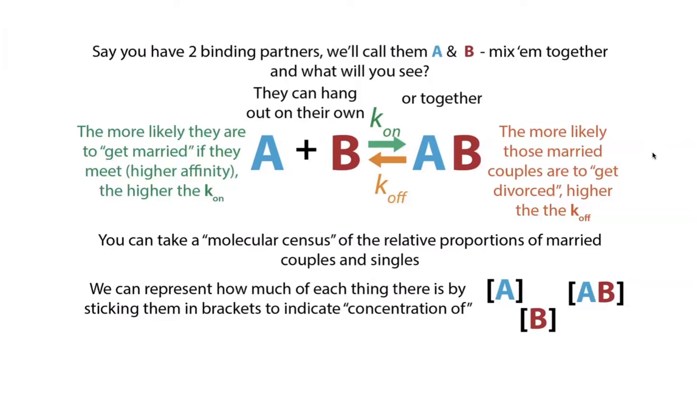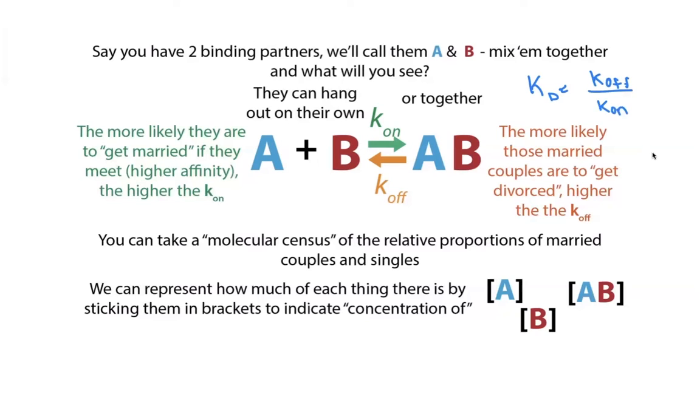You reach this dynamic equilibrium, and the KD is based on the K on and the K off. We can write the KD, which we'll talk about more in terms of concentration, as the K off divided by the K on.